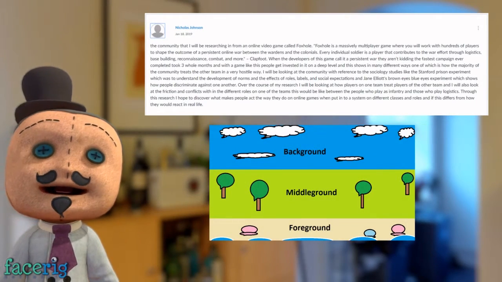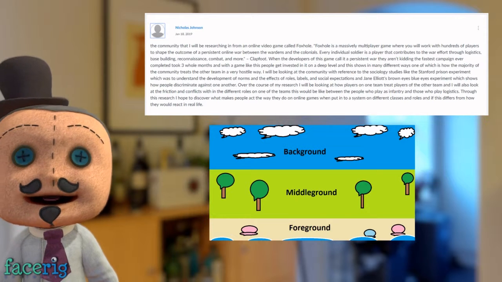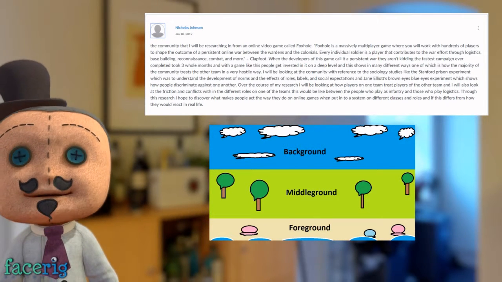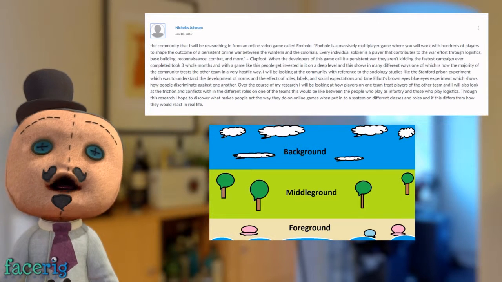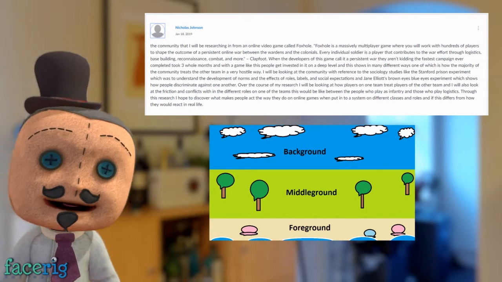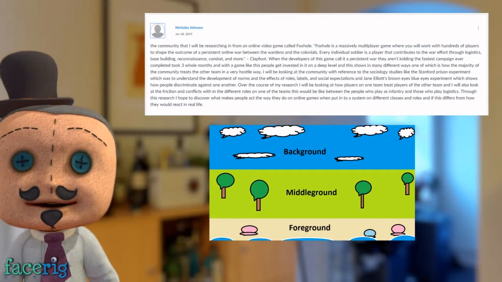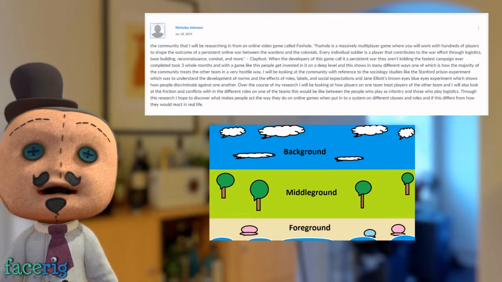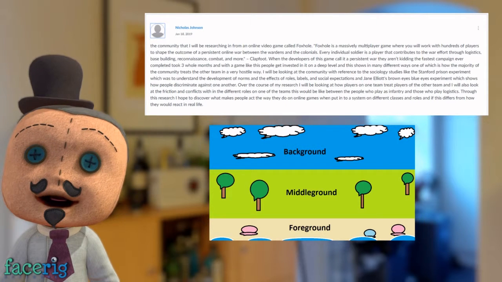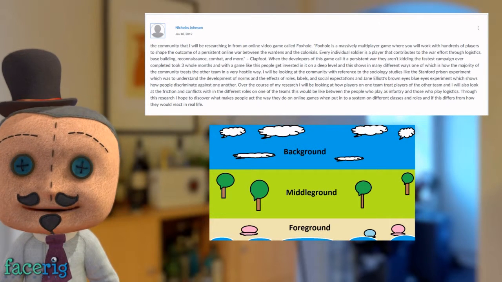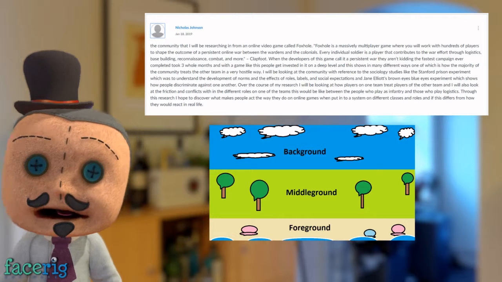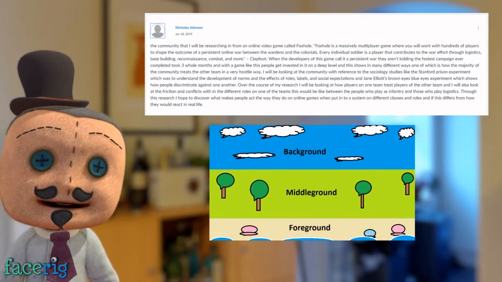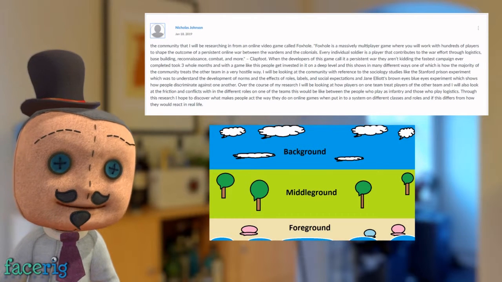In this rough sketch, the foreground captures the scope of the research, which was to find out why people in online games will by default put themselves into groups. The middle ground will be my focus on comparing the interaction of the game to sociological studies like the Stanford Prison Experiment and the Jane Elliott Blue Eyes, Brown Eyes experiment.